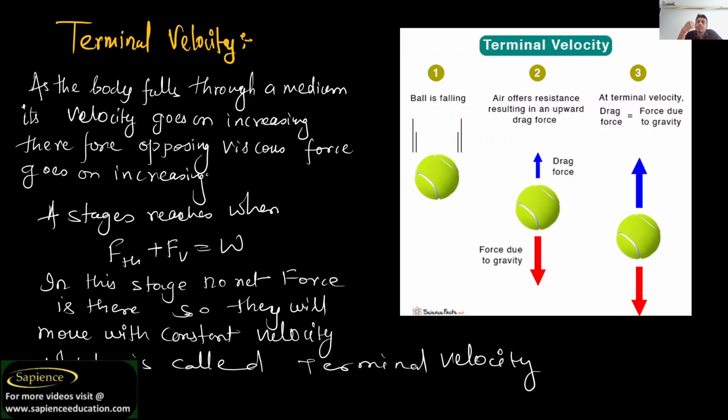But what happens when this object is moving in a fluid, like air or water, honey, milk, anything? The fluid opposes, and that opposition is known as drag force. Force due to gravity acts downward, but as soon as it moves in a fluid, drag force is applied by the fluid.